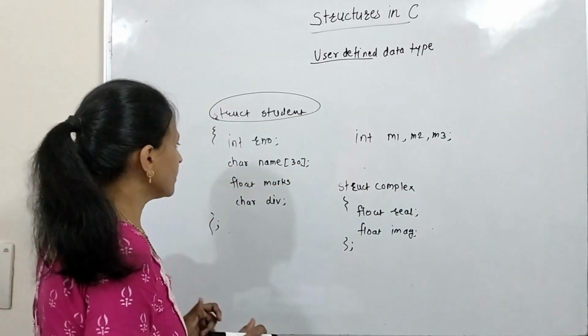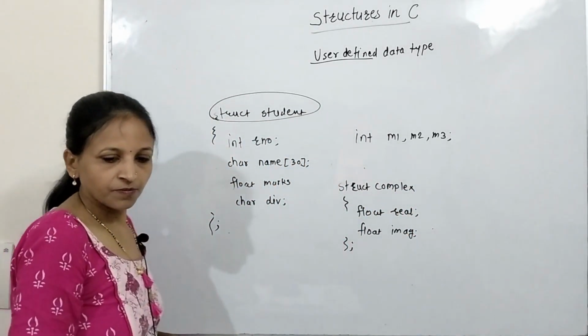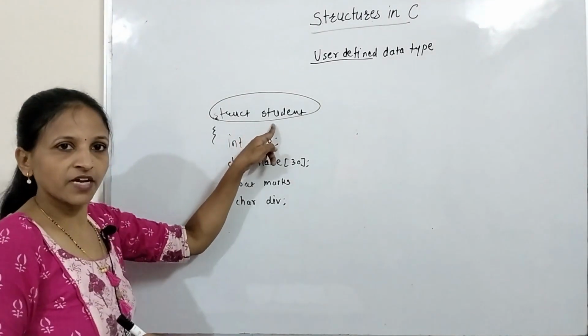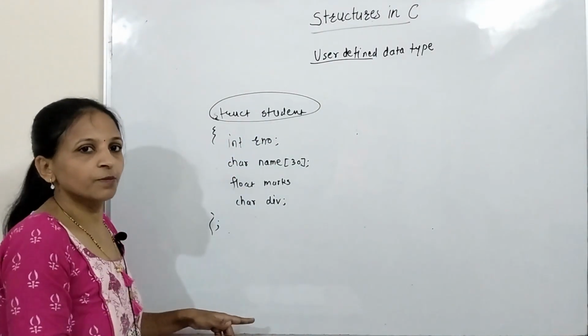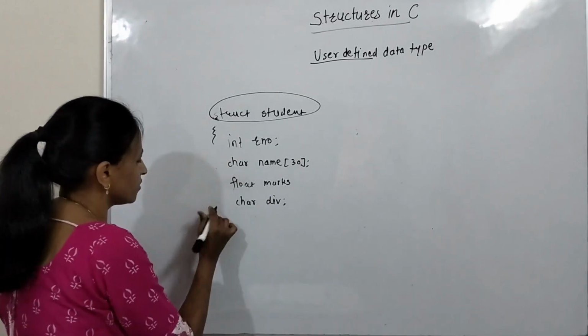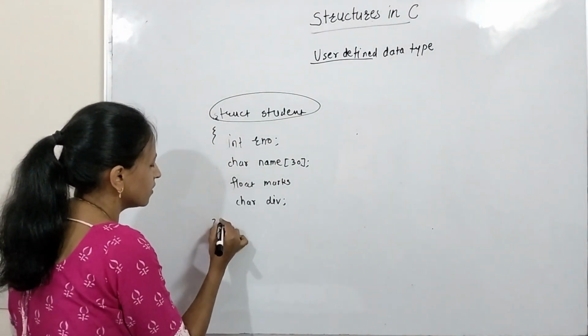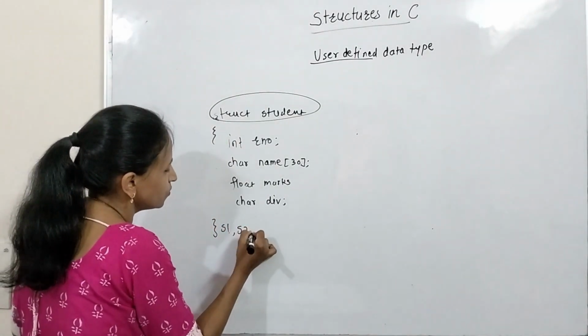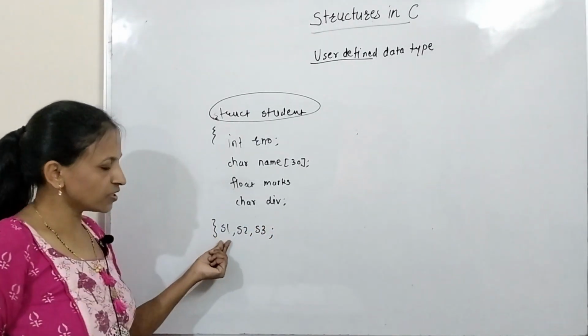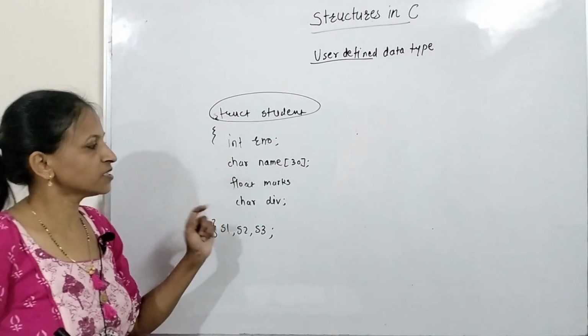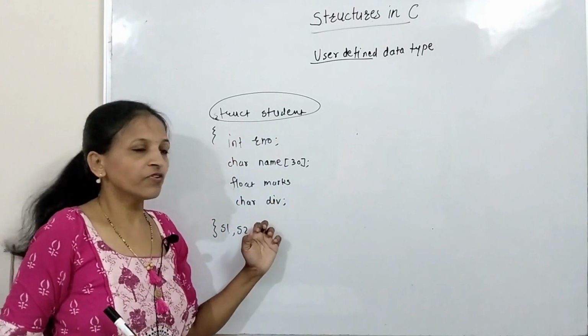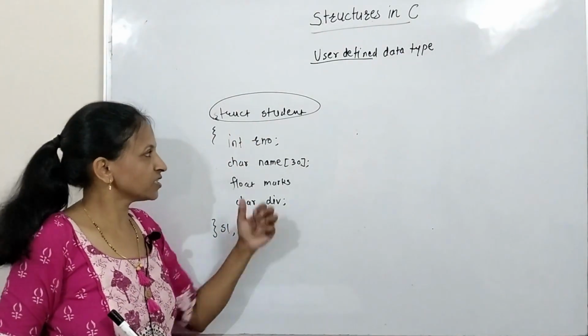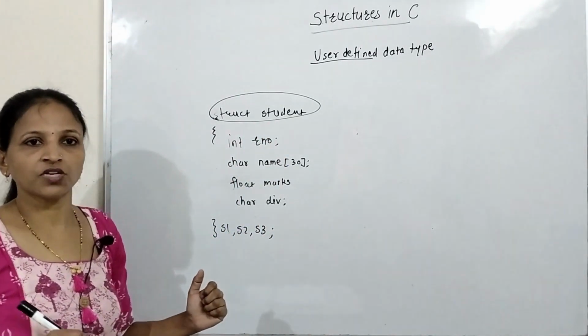How? For that, the syntax is like, for this student structure I want to create 3 variables. Then we can create over here also, like S1, S2, S3. Now this S1 is what? S1 is a variable of type struct student. S2 is again a variable of type struct student, and S3 is again a variable of type struct student.